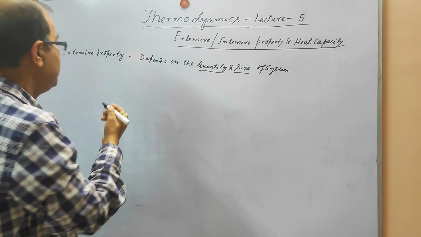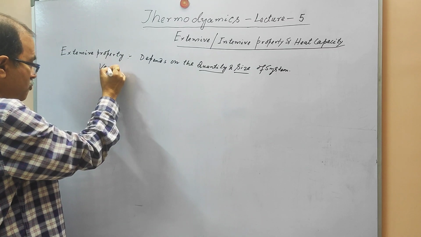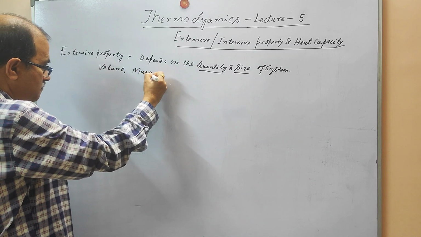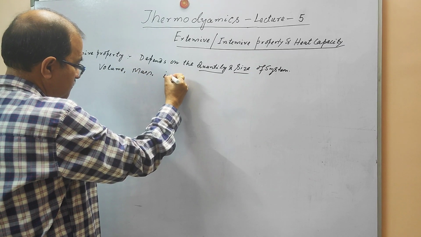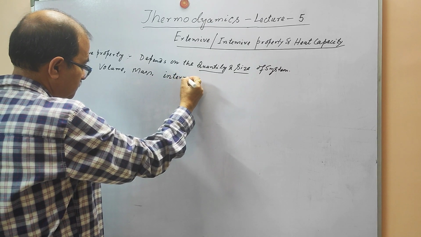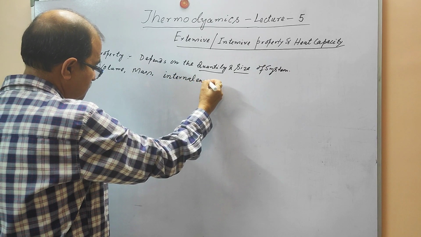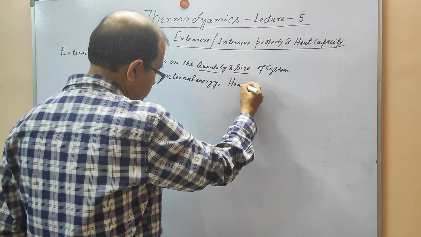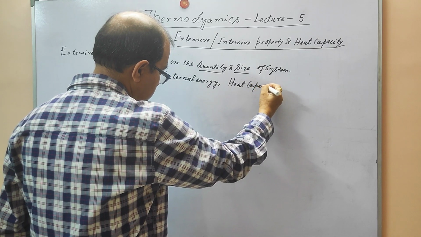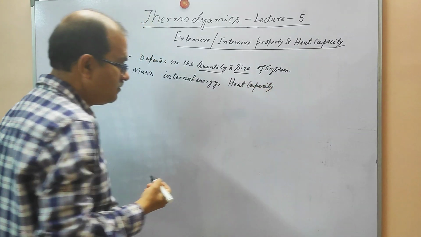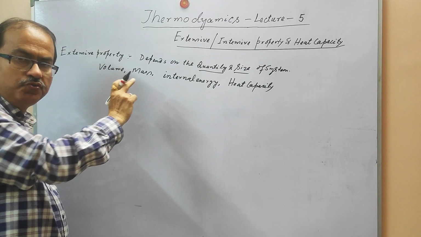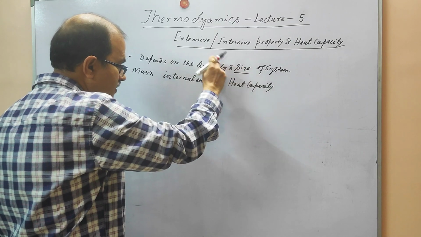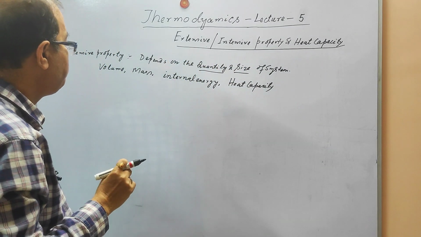Examples of these extensive properties are volume, mass, internal energy, heat capacity, or are the extensive property of the system, because all those will depend on the two things, that is size and the quantity of the matter present in the system.